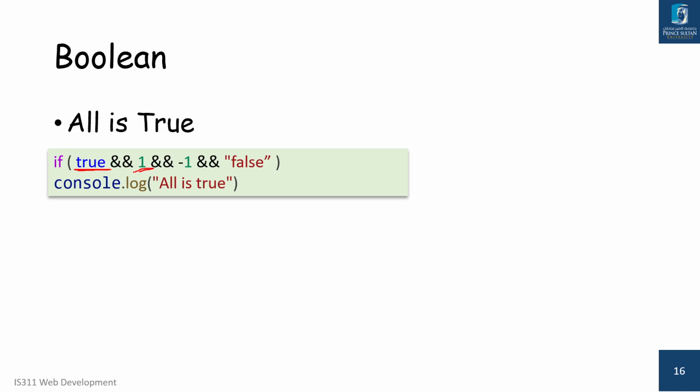If you have a non-zero number, meaning any number other than zero, it doesn't matter if it is positive or negative, it will be considered true. If it is zero, it is considered false. And if we have a string with some information inside, even a simple space, where I put a space in between and close it, it will also be considered true.